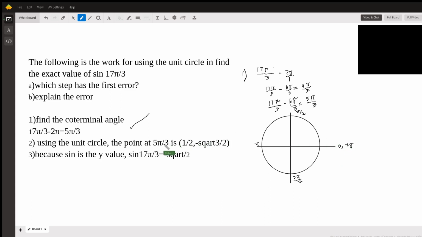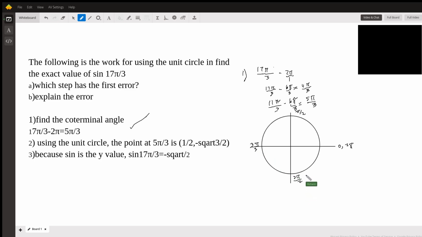And we're interested in 5 pi over 3. A nice simple way of doing this is just putting everything in terms of 3. So this is 3 pi over 3, for example.